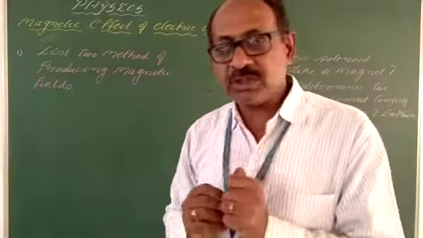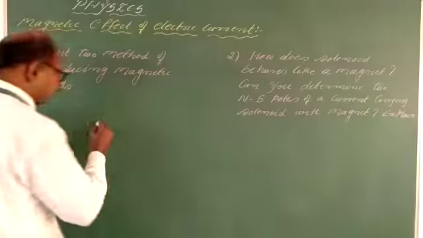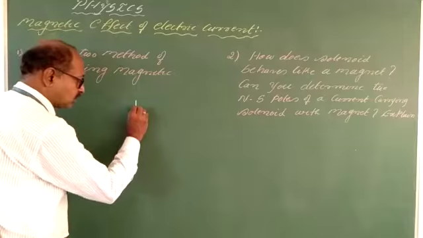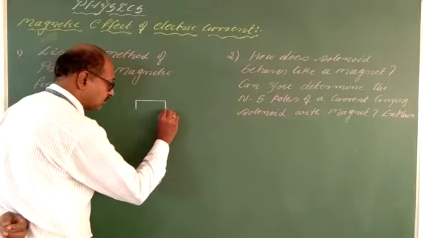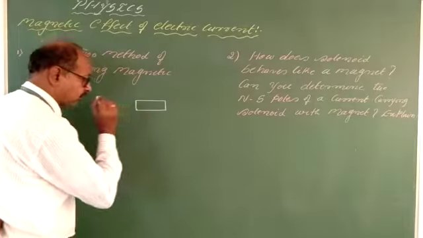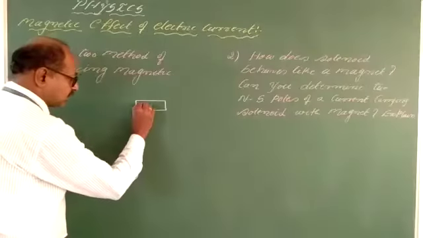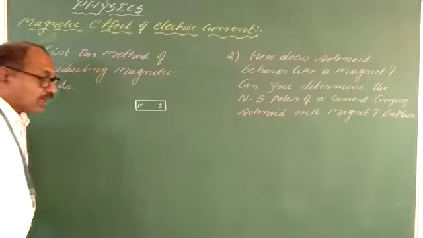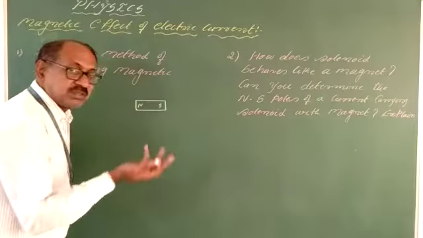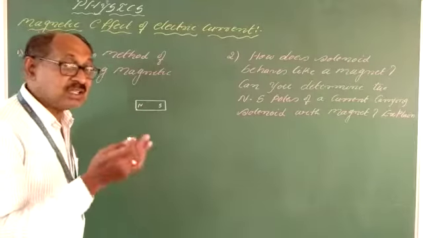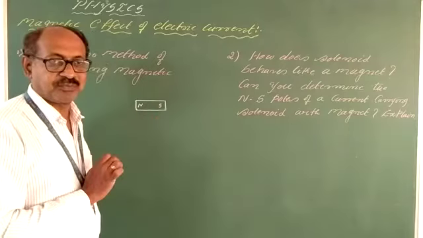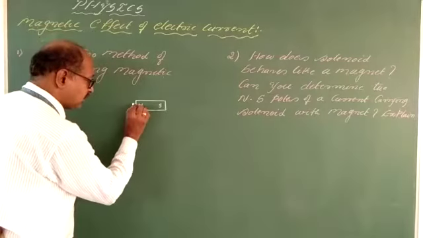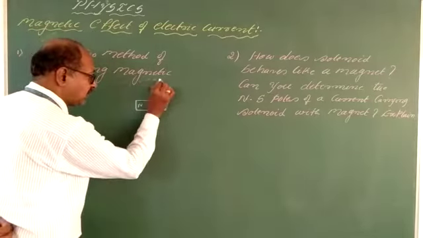The one important thing is to take a bar magnet. Here is the bar magnet. Let us consider this end the north pole and this one the south. Around this magnet there is a magnetic field.